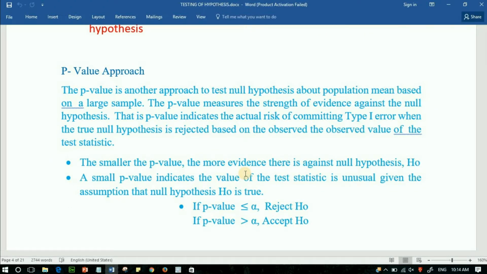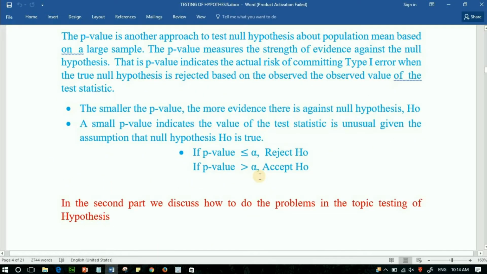The smaller the p-value, the more evidence there is against the null hypothesis H0. A small value indicates the value of the test statistic is unusual given the assumption that the null hypothesis is true. In practice, if the p-value is less than or equal to alpha, the level of significance, we reject H0, and if the p-value is greater than alpha, we accept H0.